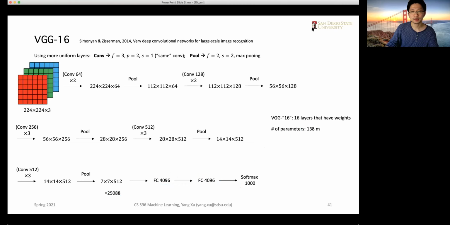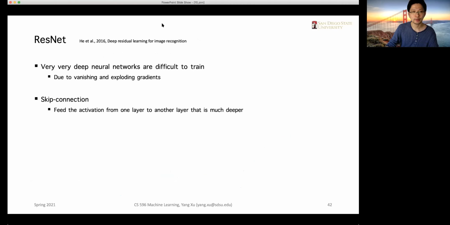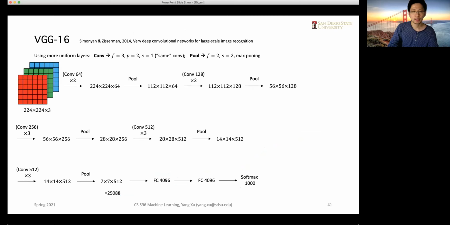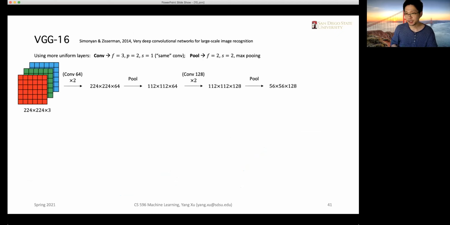In the next lecture, we're going to talk about ResNet, which I think is a more significant contribution to computer vision, and also machine learning in general. That's a lot of content today. We made a big step from basic convolutional operations to complex models like VGG or AlexNet.